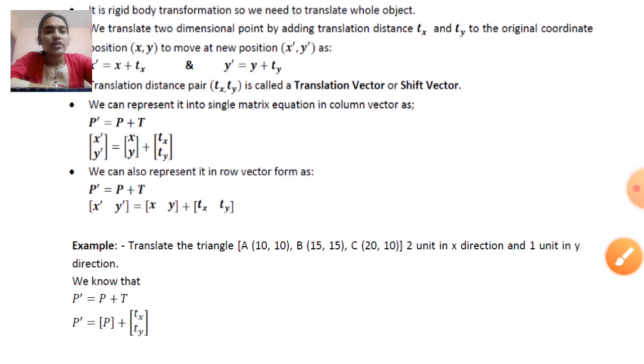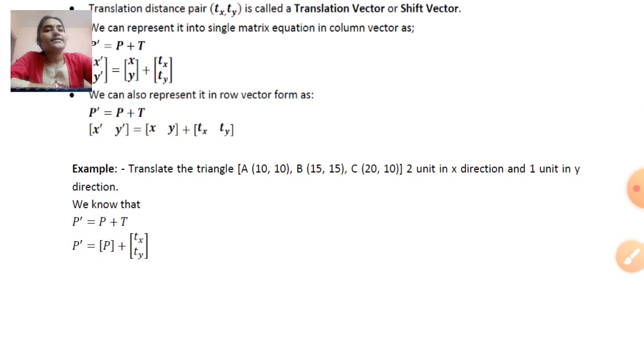Let us discuss one example. Translate the triangle ABC. A coordinate position is 10 10, B coordinate position is 15 15, C coordinate position is 20 10. That means in the A coordinate position, x equal to 10, y equal to 10.